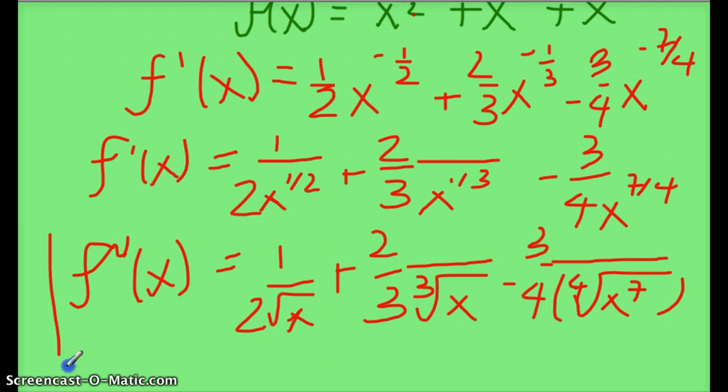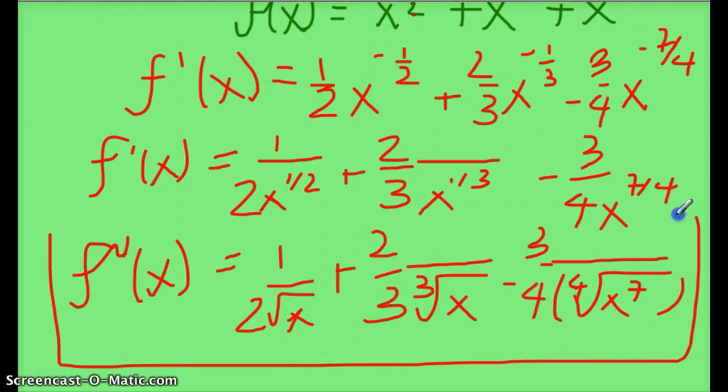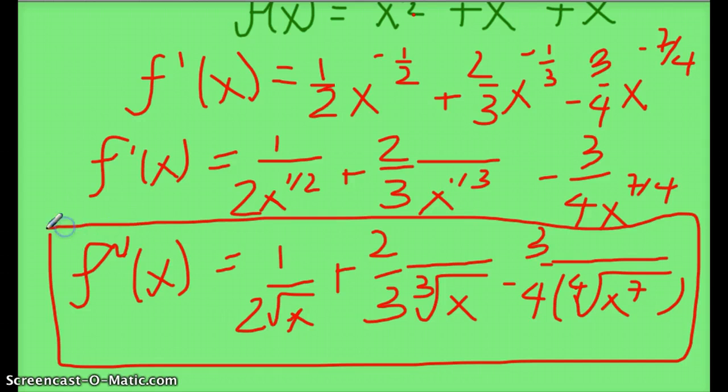And this right here is my derivative. So once in a while, you are going to have to rewrite your functions so that you'll be able to use the rules a little more easily.